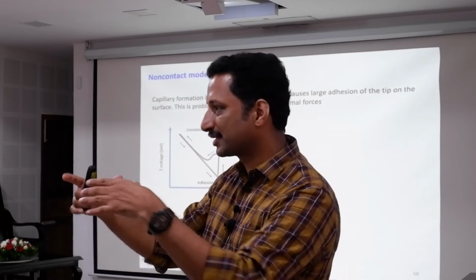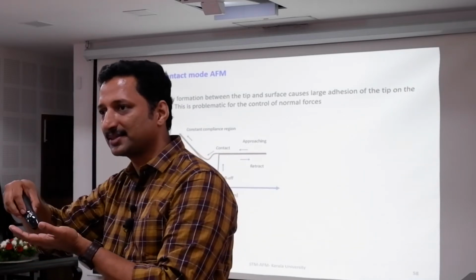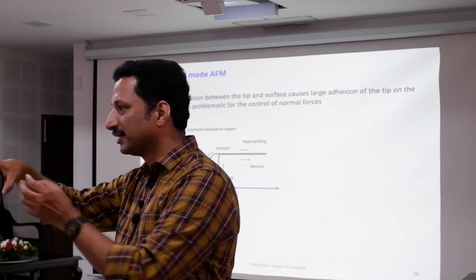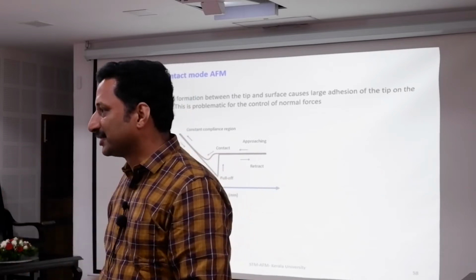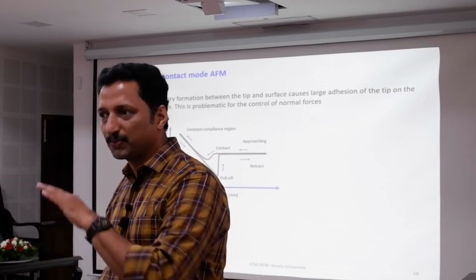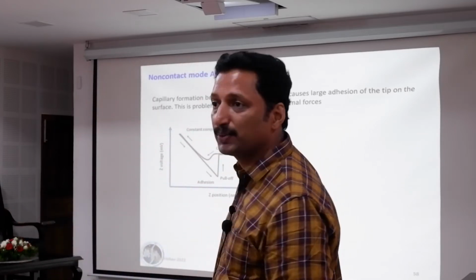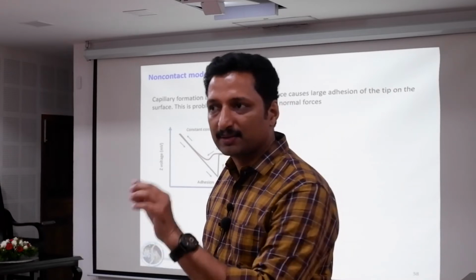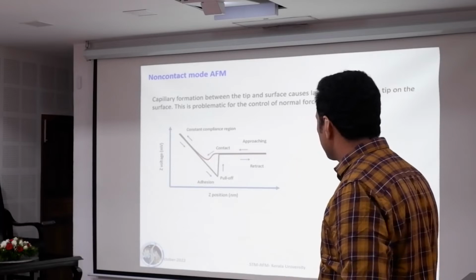The molecules will suddenly crystallize there, and if you want to move forward, you have to break this ice, and then moving forward, it will form ice again. We could actually see lines of ice if that happens. So contact mode has that problem. Anything can get in between the tip and the sample. It can create ice, or it can create large force between the tip and the sample.